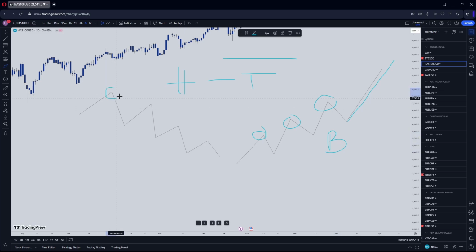If you see these tops, the highs, going down, it means we are selling. It's just as simple as that. If the highs are going higher, you are buying. If the highs are going lower, you are selling.